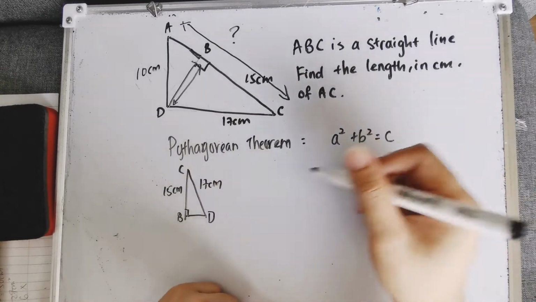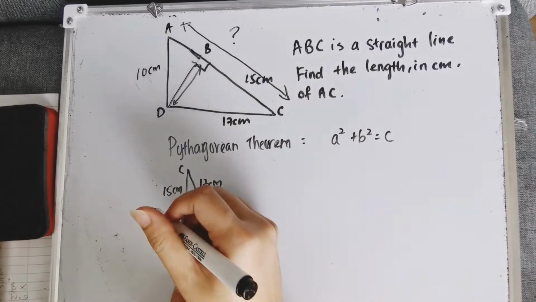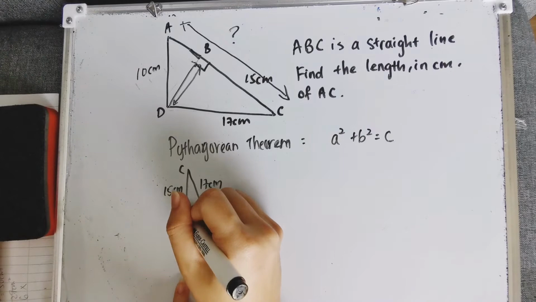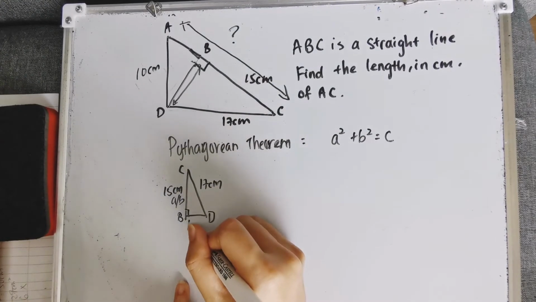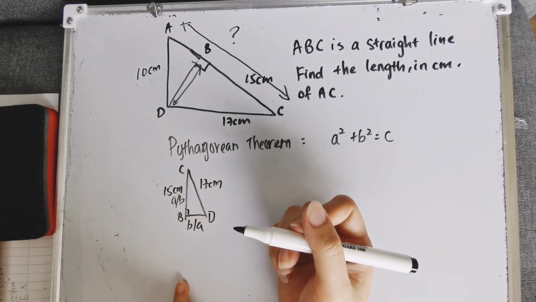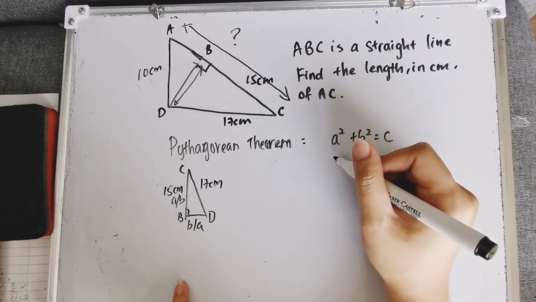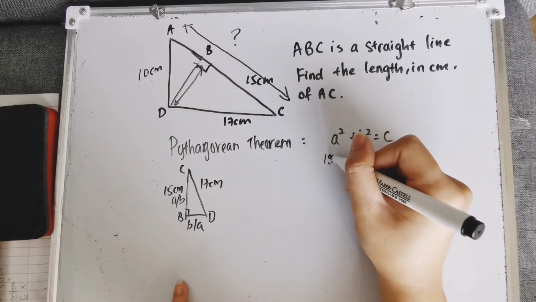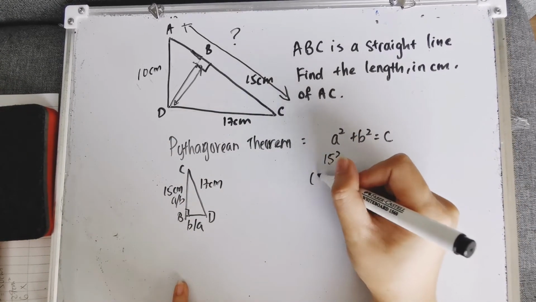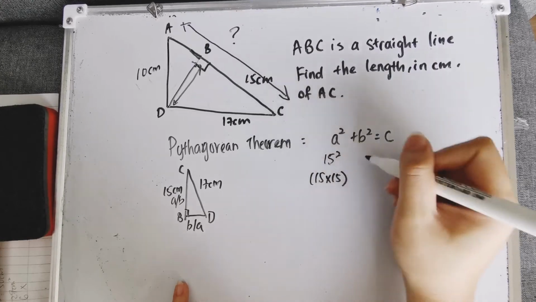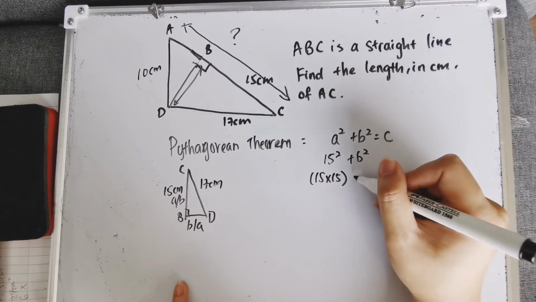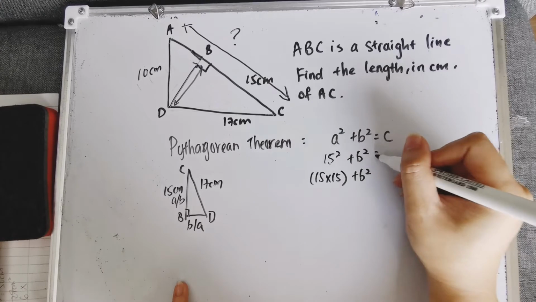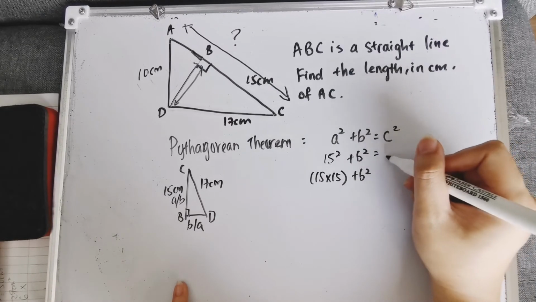So this 15 cm, you can either put this as A or B, it is up to you. But 15 I put as A. So 15 square means 15 times 15, plus B square, equals C square.